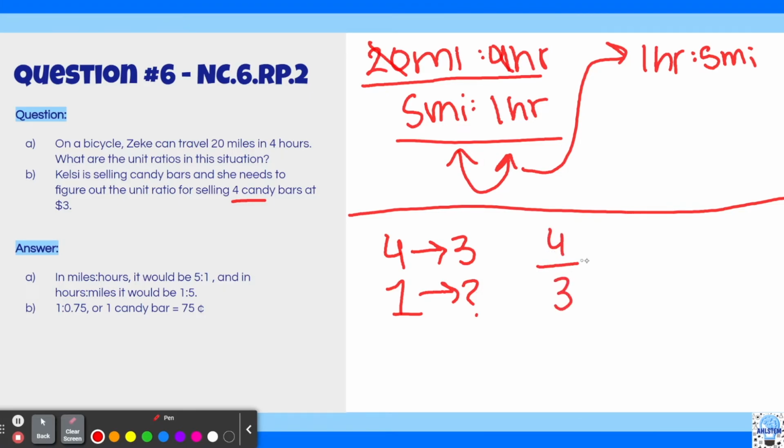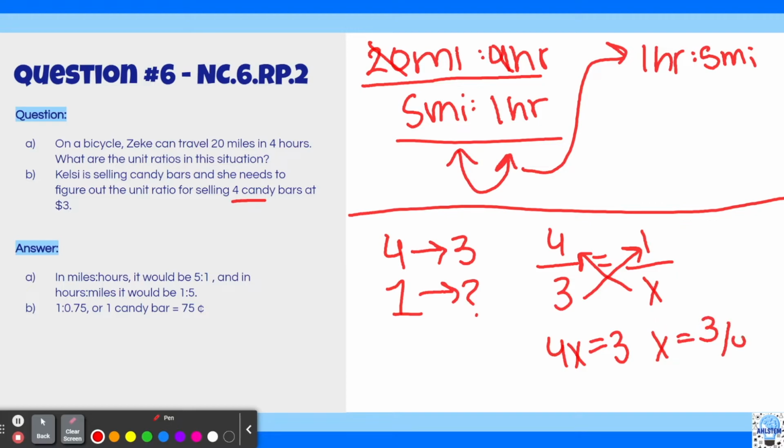4 for $3 equals 1 for how much? Let's do our butterfly method. 4x equals 3. X equals 3/4.